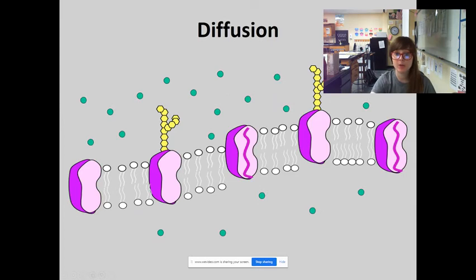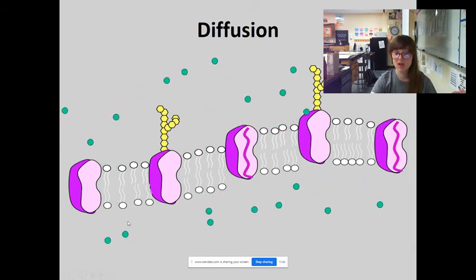So they moved from where they were highly concentrated to where they were less concentrated until they reached equilibrium. So in your notes, you might write diffusion is the movement of molecules across the lipid portion of the membrane from high concentration to low concentration until, and this is another word for you to know, equilibrium is reached, or until they reach equilibrium, whatever you might put there.